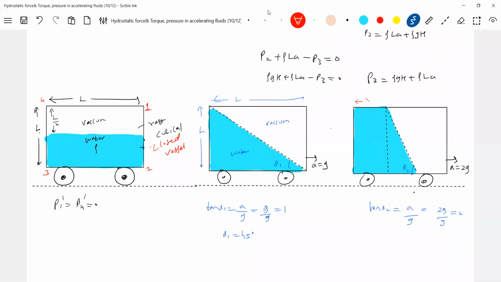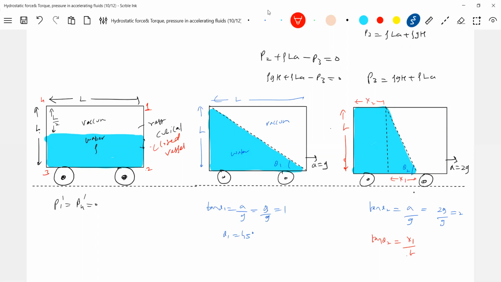This length will be say x2, this length will be x1. So what is that x2, x1 we can determine. So tan theta 2 is equal to, sorry, x1 by L. We know theta 2, we know L, we'll get x1.